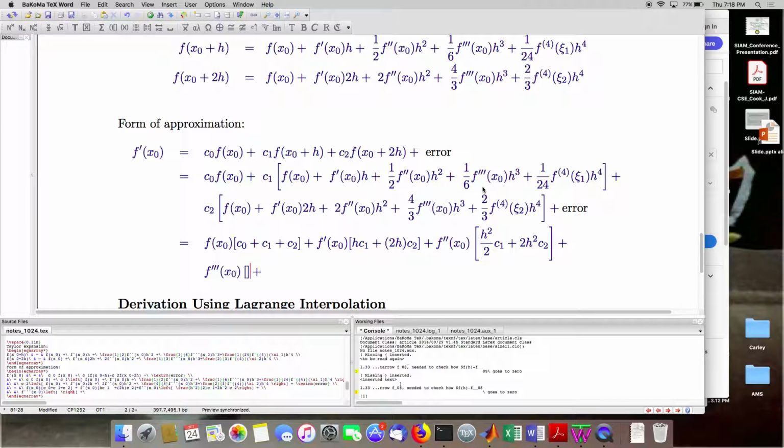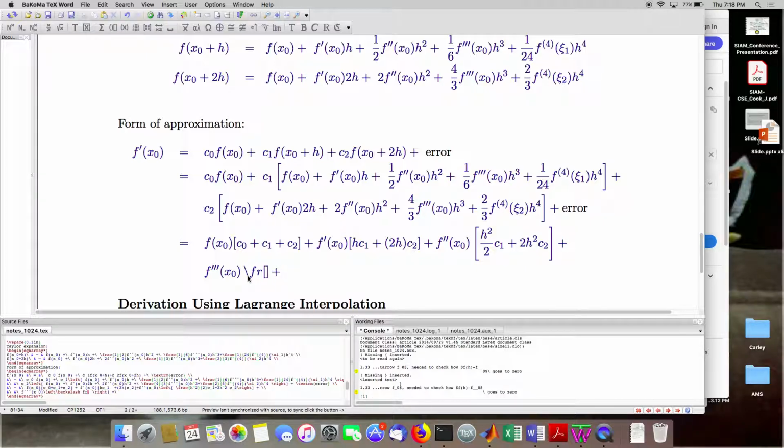So what we have here is anything multiplying f triple prime of x naught. So I have 1/6 h cubed times c1.